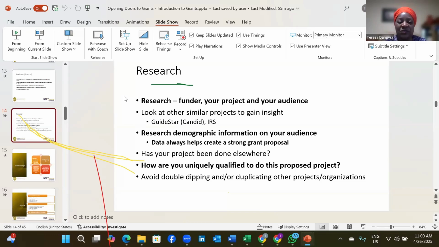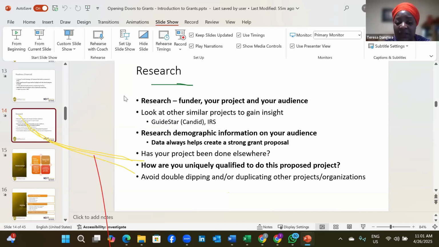What makes your food pantry stand out? What makes your food pantry necessary to add on to the 5 that are already operating in your community? How are you uniquely qualified to do this project that you're proposing?